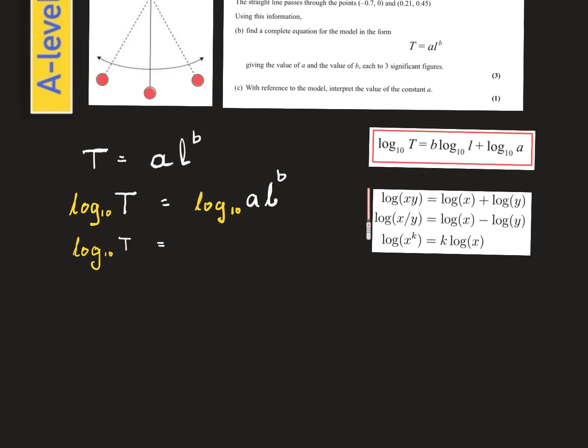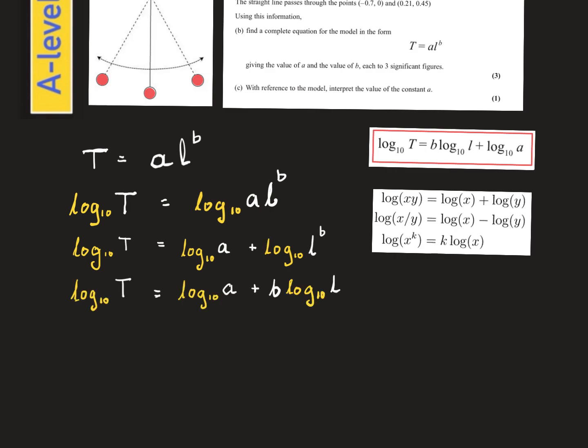We're going to be using this one over here: log of x multiplied by y, we can change to log x plus log y. The other law, log x to the power of k, we bring down the k in front of log x. So this is what we'll do to this part of that equation. And we're nearly there. We just need to rearrange the terms. And now we have the equation as required.